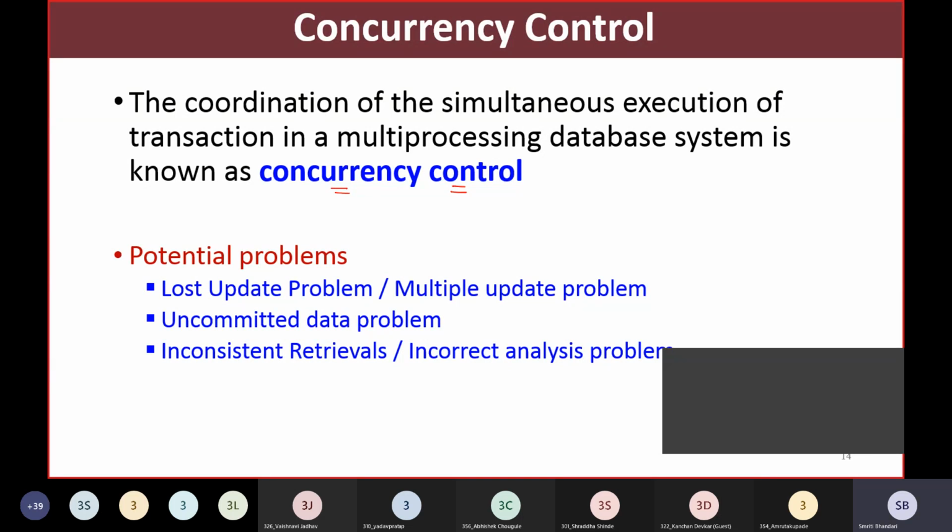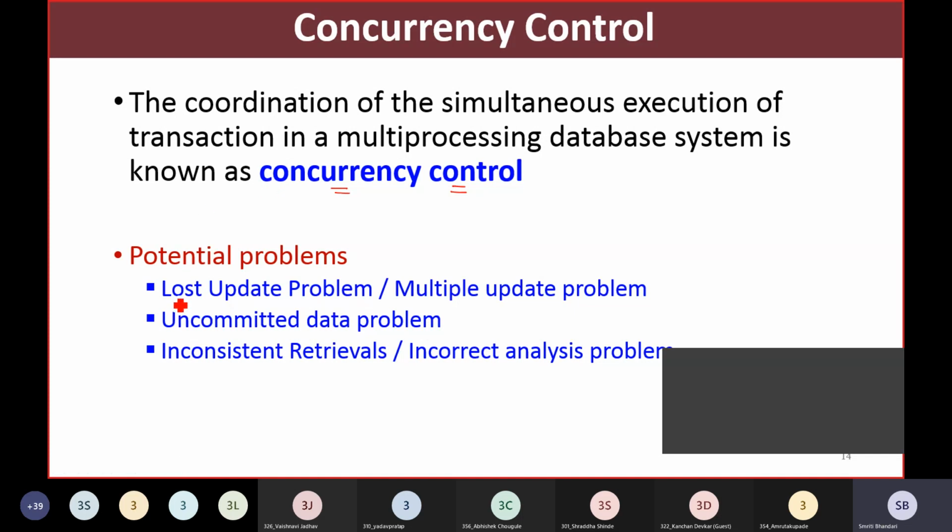So if we are having concurrent execution of transactions, there are certain potential problems that we can observe, right? So what are those problems? We have listed here three important problems.